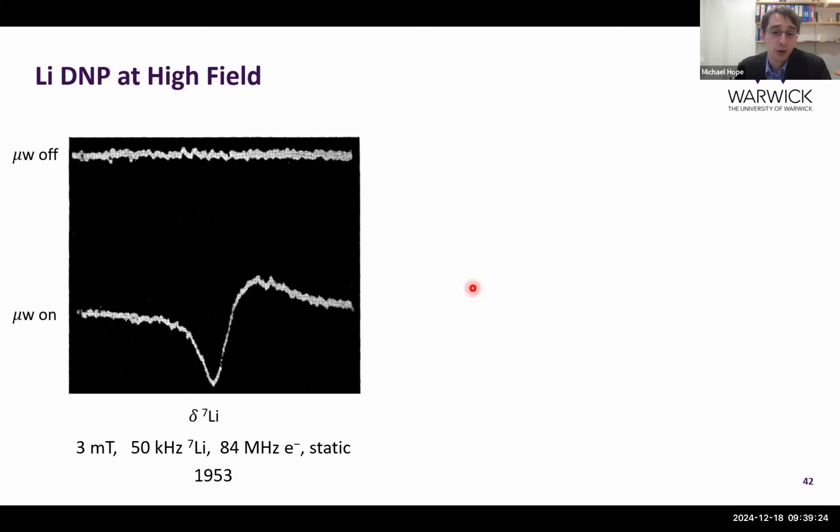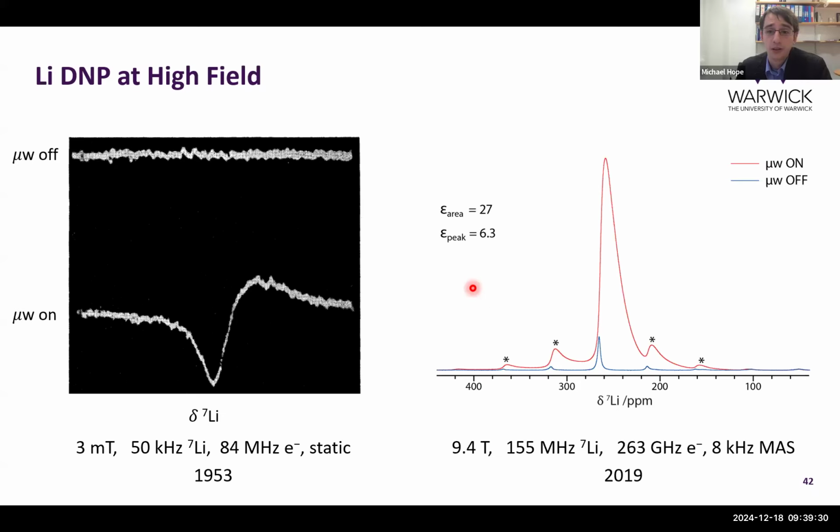What we wanted to do is see if this works at the high field systems that are necessary for high resolution NMR. And so fortunately, with the progress we made in the last 70 years, we now have these high power gyrotrons that can generate high power microwaves at upwards of hundreds of gigahertz. So this is on a 263 gigahertz system, 9.4 Tesla.